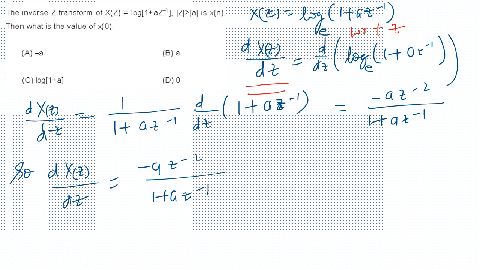So dX(z) over dz is d by dz of log of 1 plus a z inverse.